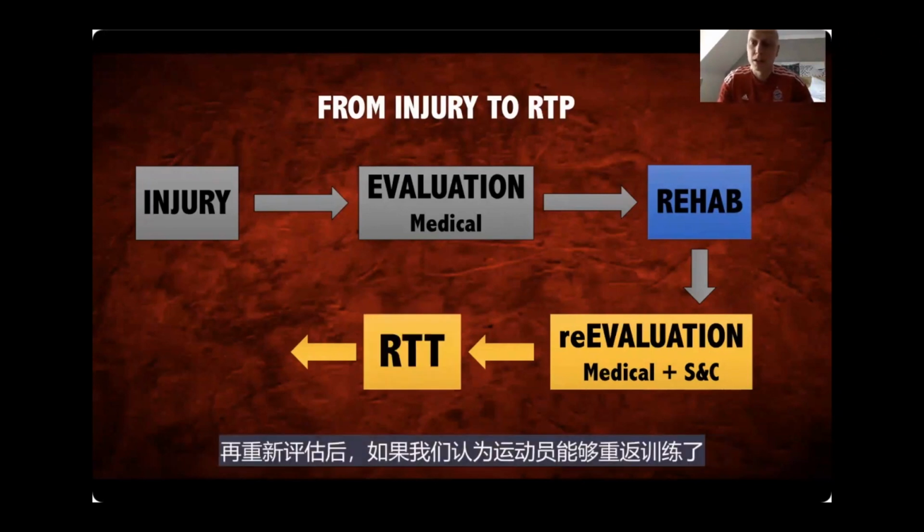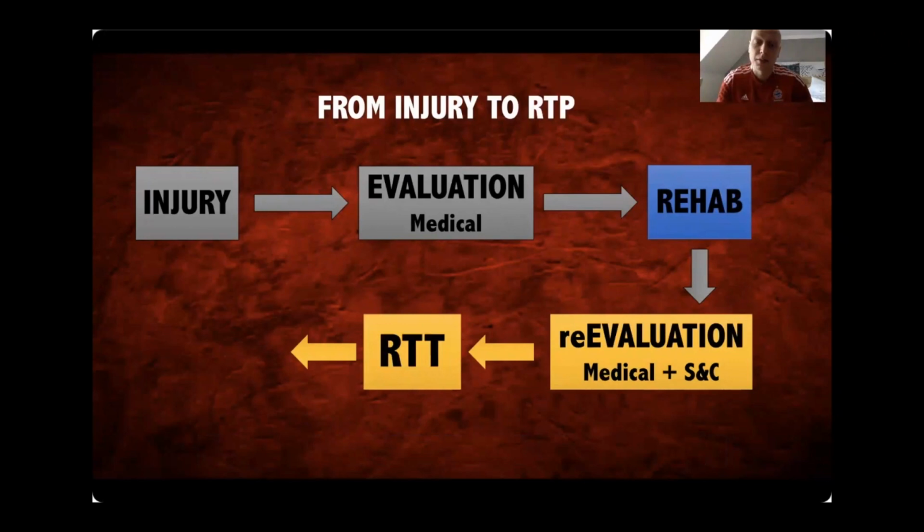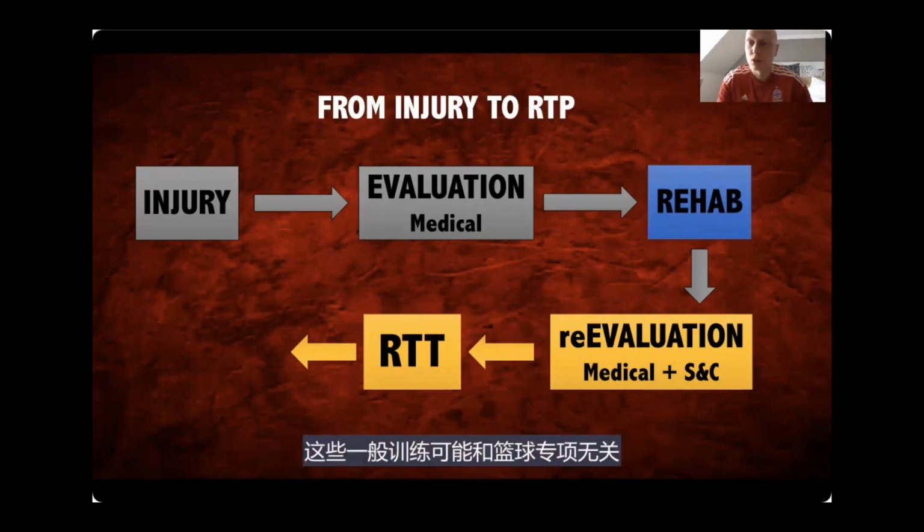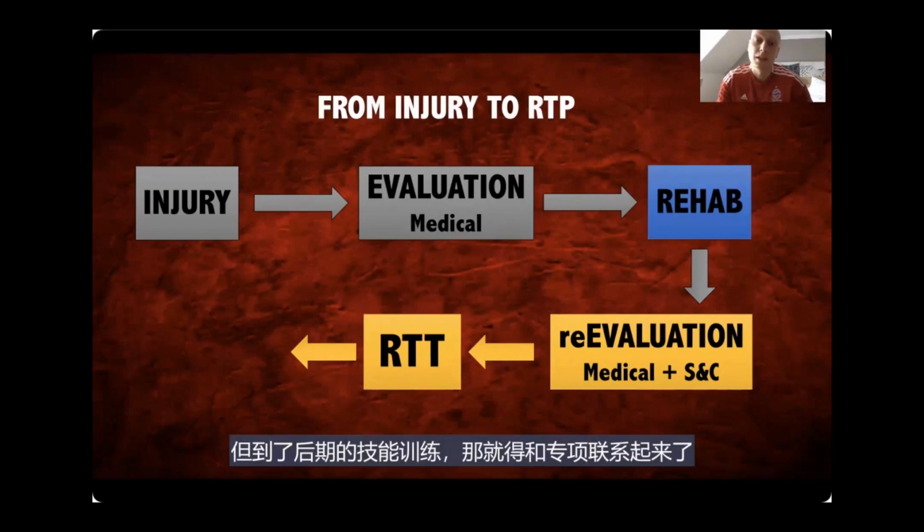Finally, after the reevaluation and when we say that the player can return to train, then he starts with different physical activities. Some of them are not so related to their sport. Some of the activities are. So, for example, strength training is not so similar to basketball, but then if we start working on skills, then we are talking about training that is very connected to our sport.